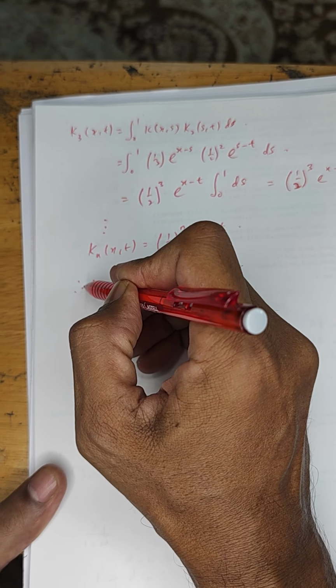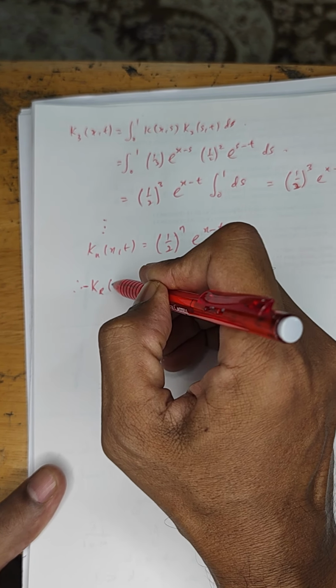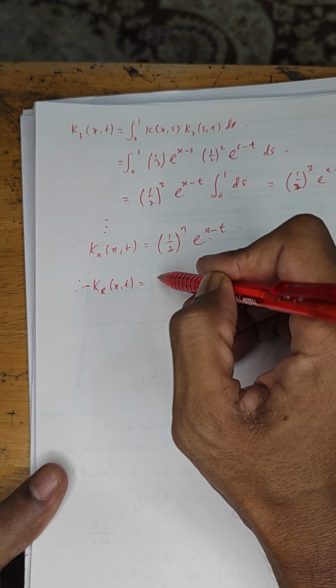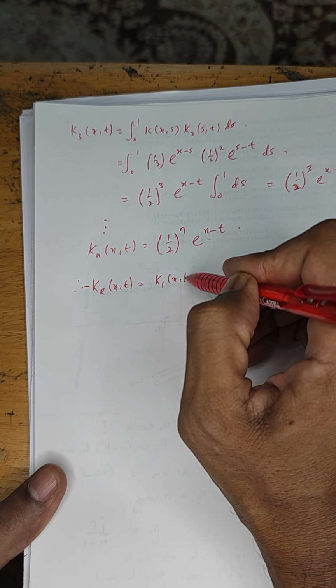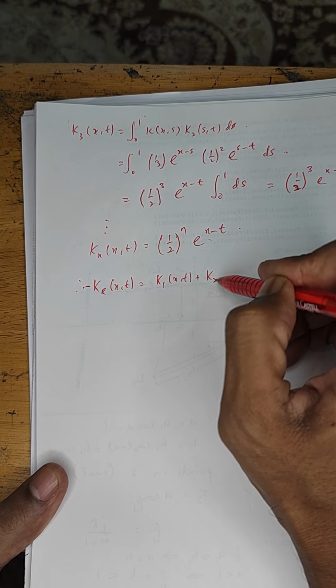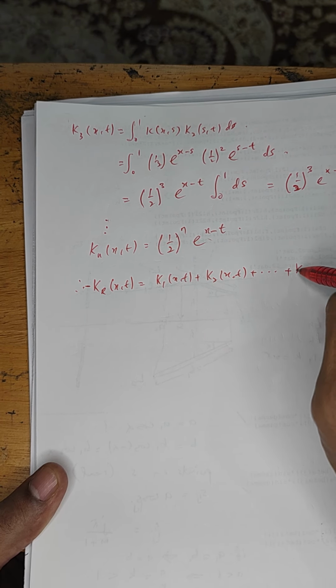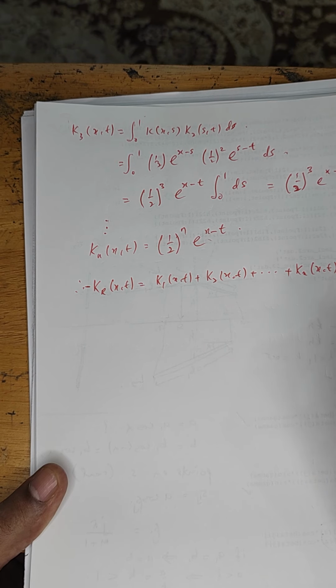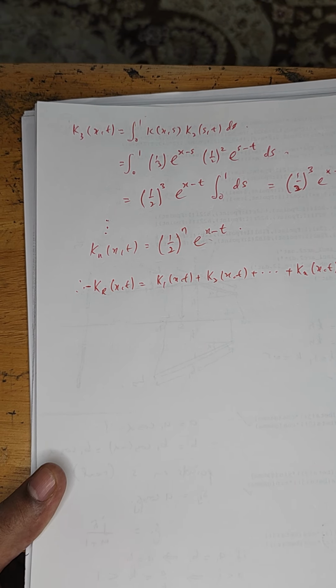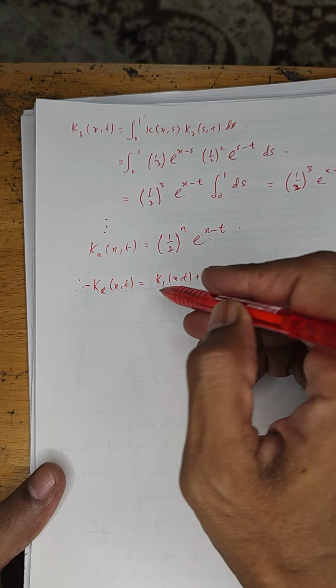So negative k_r(x,t) is k_1 plus k_2 plus up to k_n and so on.